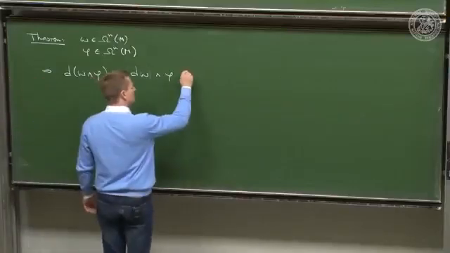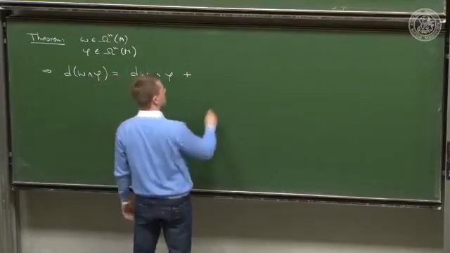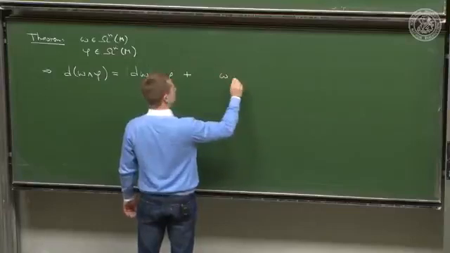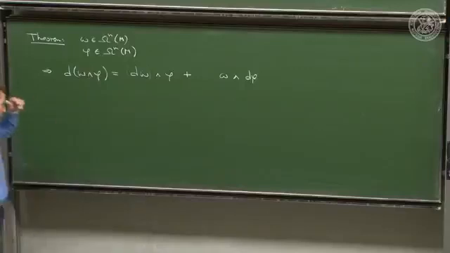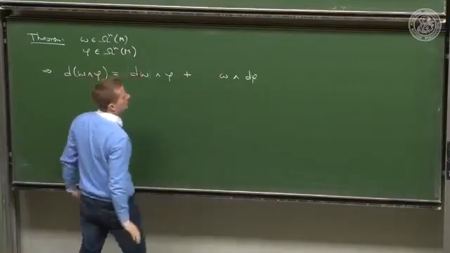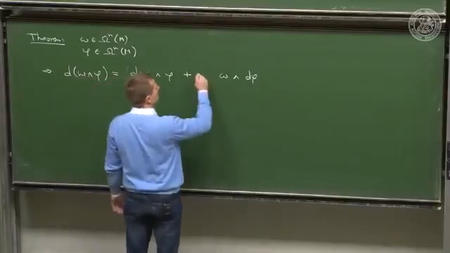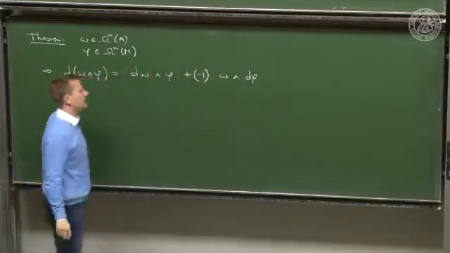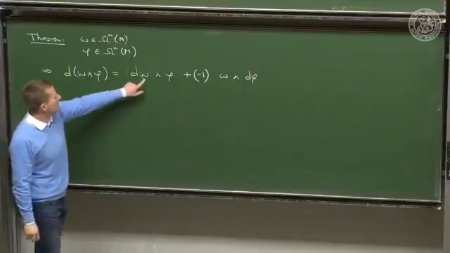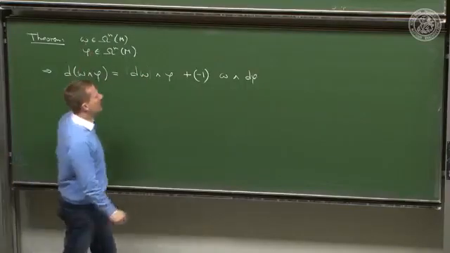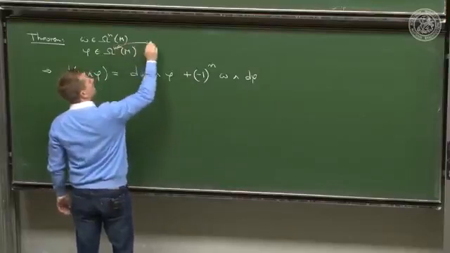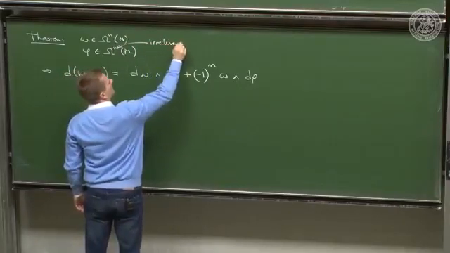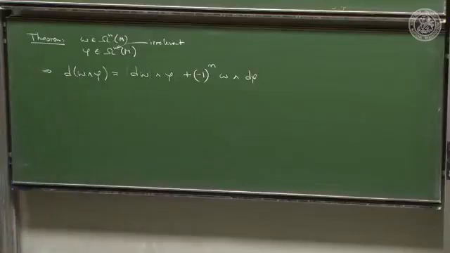And if it was an ordinary Leibniz rule, you'd put a plus, and then you'll keep the first one, and you apply the derivative operator to the second part, and that would be the Leibniz rule. But it simply isn't like this. There is an extra sign factor here, but only the degree of the omega counts. So this degree here is irrelevant for the formula here.